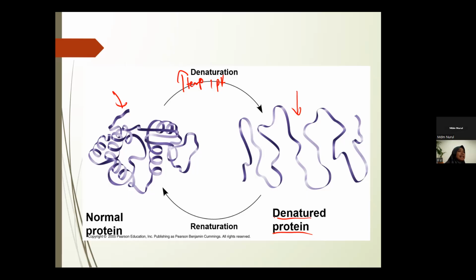Okay, but some protein, contoh ada orang tertelan racun tikus tapi tak adalah banyak now dia tertelan. Kan terus kita bawa dia pergi hospital. Kita boleh selamatkan dia lagi. Okay, in some condition, denatured protein can be restored back to normal. Boleh balik kepada asal by the process of renaturation.